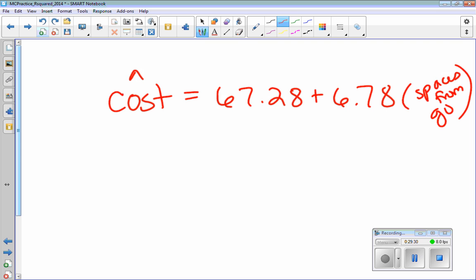Because you're going to be asked to do this on your quiz next class, let's interpret the slope and the y-intercept. Let's interpret the y-intercept right now. The y-intercept is where x is 0. It's where there are 0 spaces from go. So what space am I on? I'm on go. So what does that mean that 67.28 is? The cost of go. Okay?